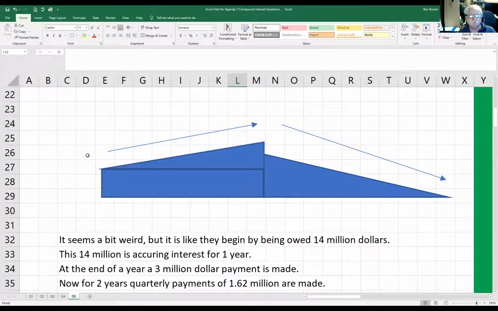We've got to figure out how much is owed on the project after a year. Then we do a calculation involving the 3 million, and then we can figure out the rest of the time period and what interest rate they're hoping to get over this time period.